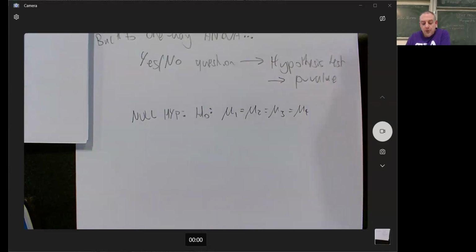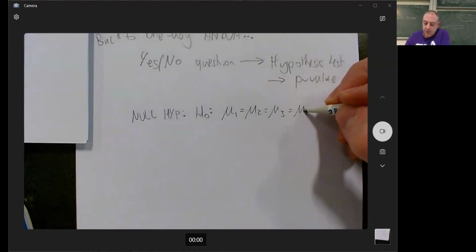The reason we've chosen that as our null hypothesis is that if being in a different category did not make any difference to the number, all the means should be equal. And statisticians like means. They're useful things.